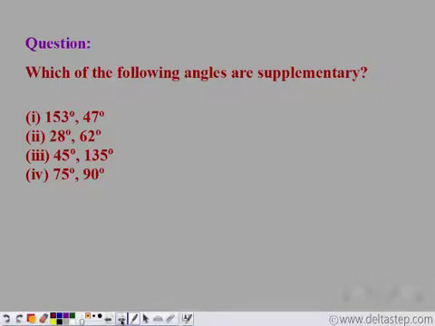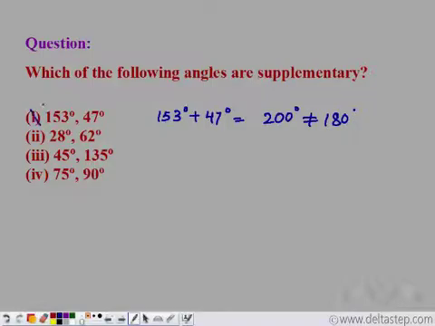Now, can you tell me which of these angles are supplementary? Well, let's add them and check. 153 plus 47 is equal to 200 degrees, which is not equal to 180.